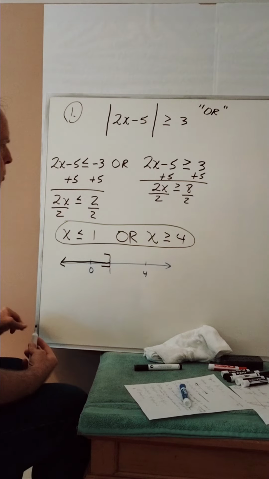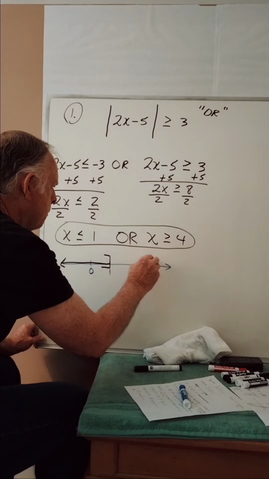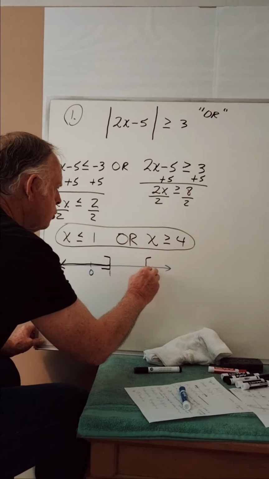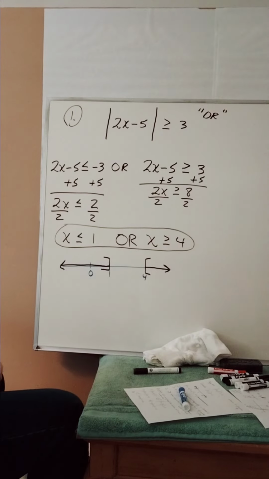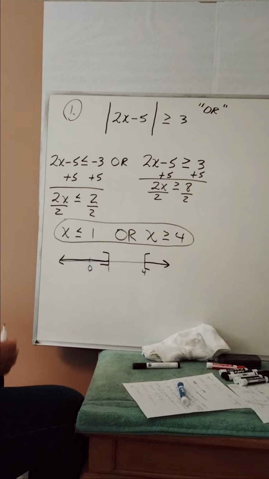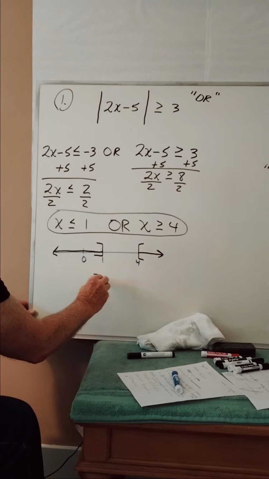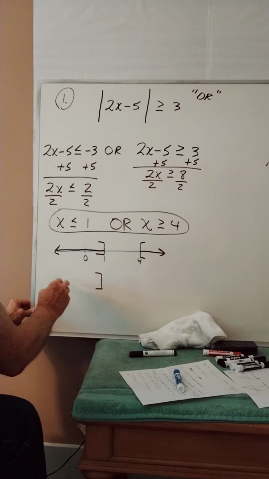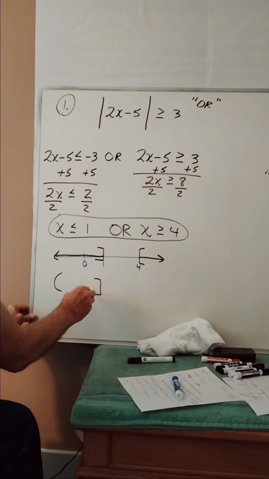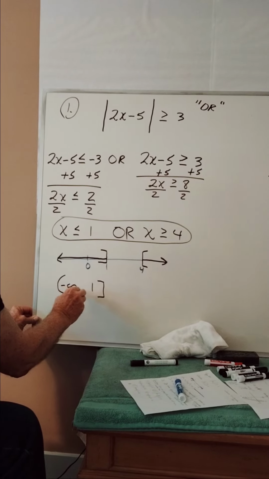Or x is greater than or equal to 4. Right through 4, a bracket that is projecting greater than 4. Shade it with the arrow. There's the graph. And now let's show the interval notation. We begin with this bracket, and to its left we'll put a parenthesis. The largest value of this interval is 1, and the smallest is negative infinity.